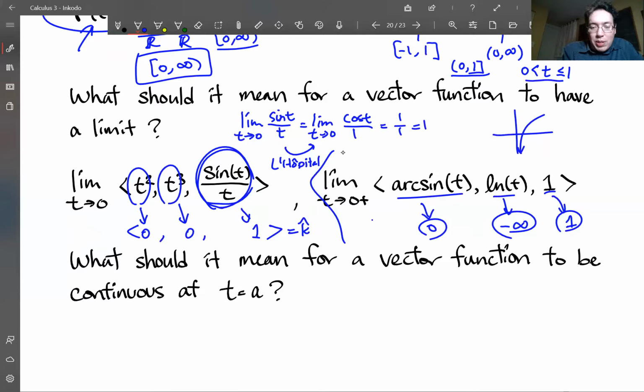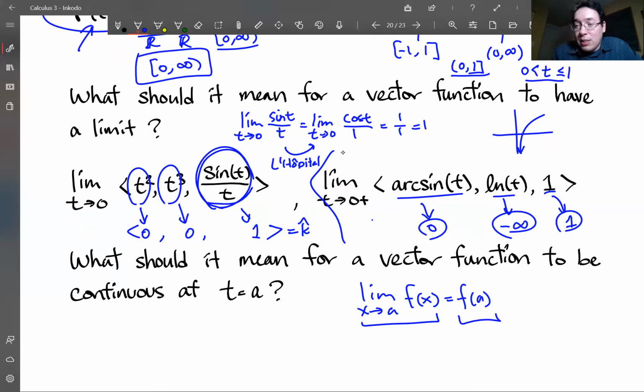In one dimension, we say a function is continuous if it satisfies three things. First, the limit has to exist. Second, the function has to be defined at that point. And number three, the limit and the value have to agree. So it's getting closer and closer to the value that you get when you plug it in.